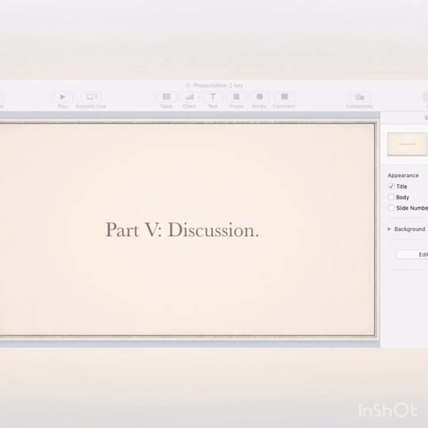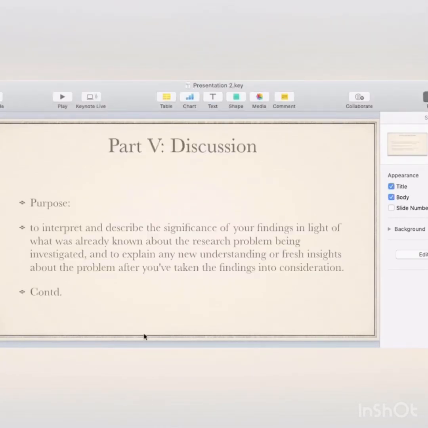The fifth and penultimate part, which we'll be discussing today, is the section for the discussion. A lot of students tend to ask themselves why the discussion must be included in the manuscript. First and foremost, there are many reasons.